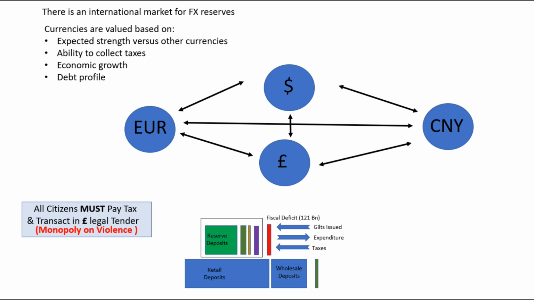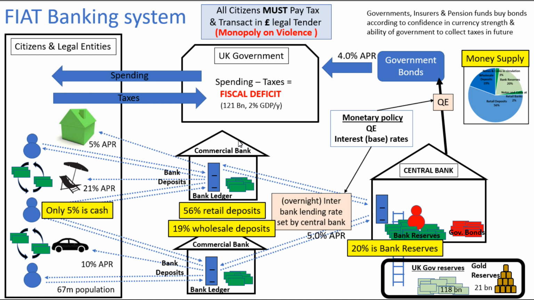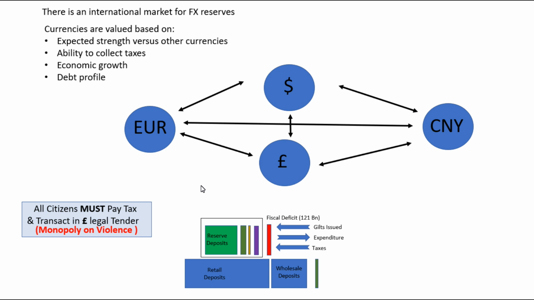Because of this, the fact that everyone in the country is transacting and saving using the legal tender of that country, every country has a currency which has a strength which can be measured against all of the other currencies in the world, and there's an international market for people buying each other's currencies for use as foreign exchange reserves and other reasons.